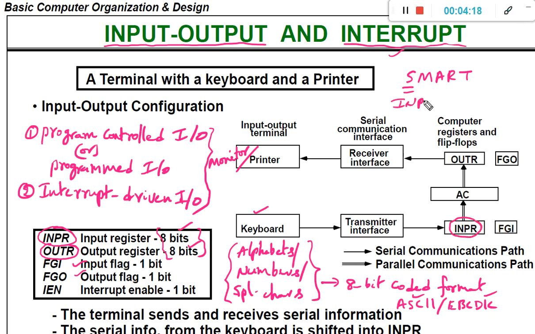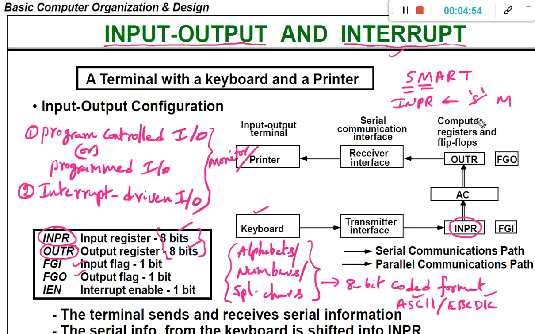Now the register INPR will contain the letter S. However, before you move the INPR value to the accumulator register, if you press another key M, then there is a chance of replacement of the existing S with M. Then S may not be saved. So that problem is there.